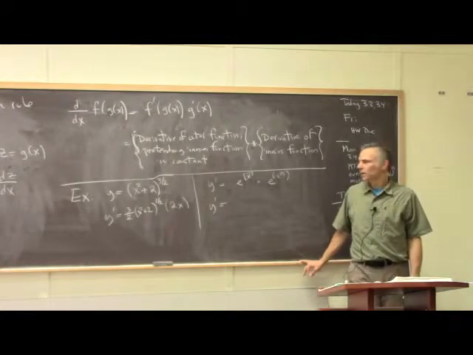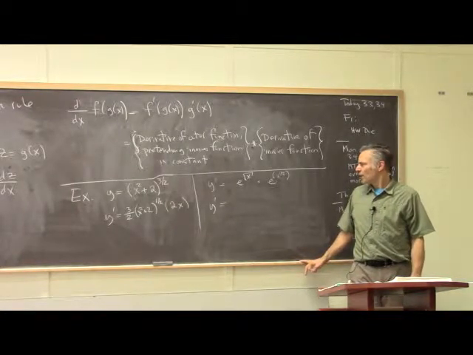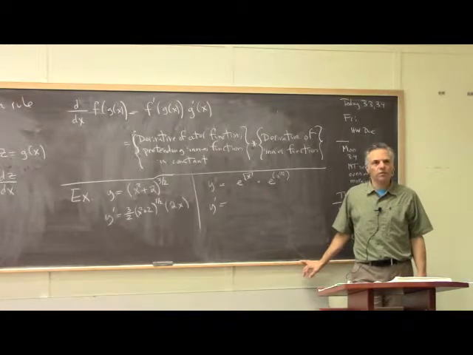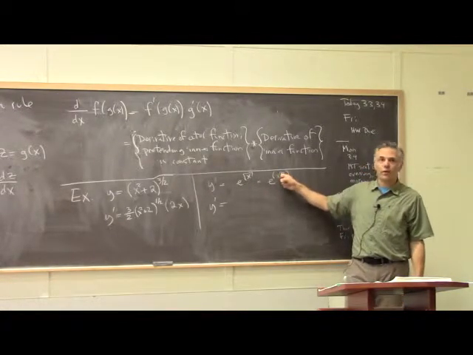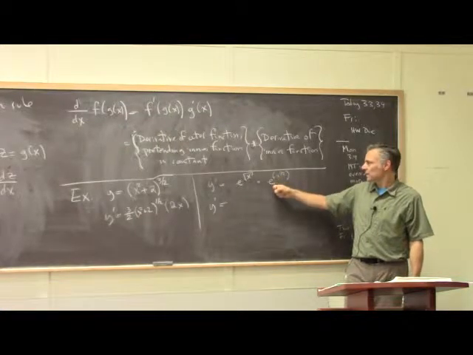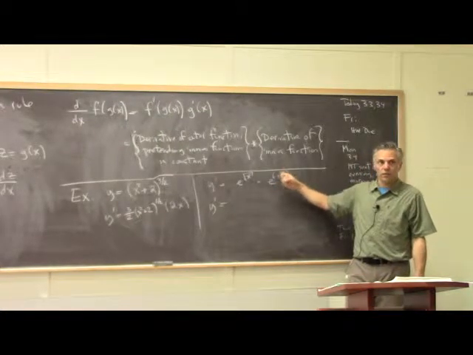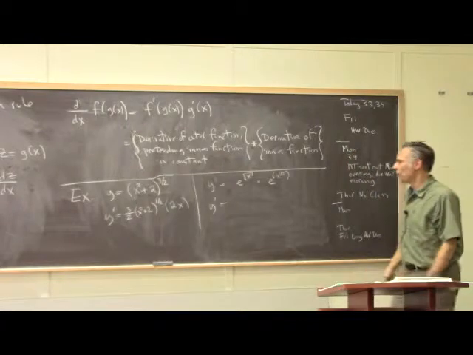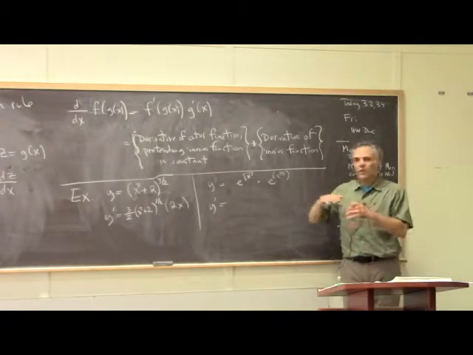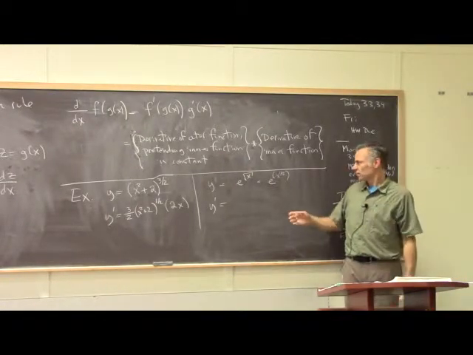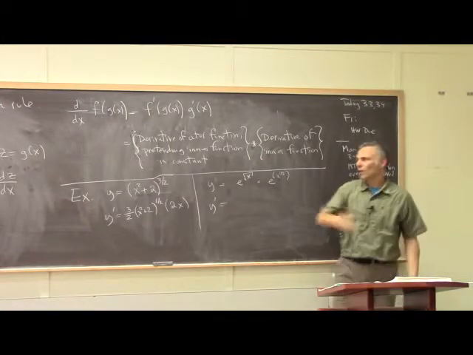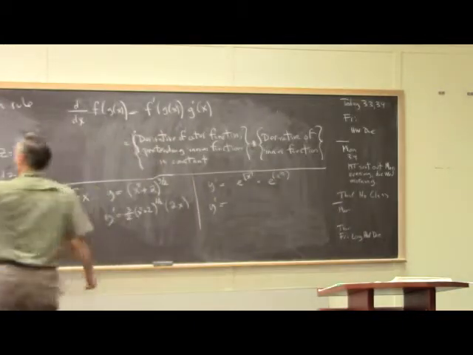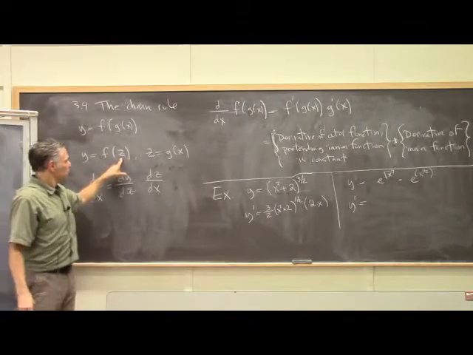What happens first to x as it undergoes this journey? Yeah, so first it gets power halved, and then it gets exponentiated. So the outer function is e to the blah, where blah is shorthand for the inner function. So over here I called blah z, but everybody just calls it blah.